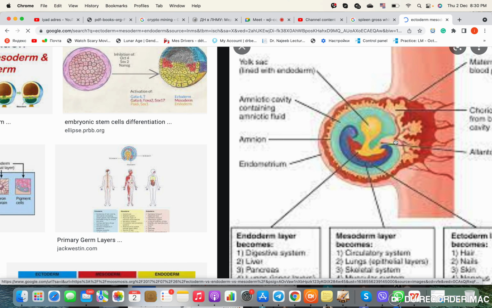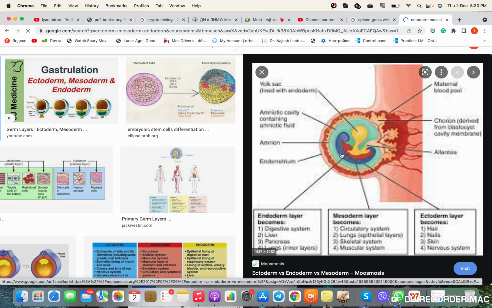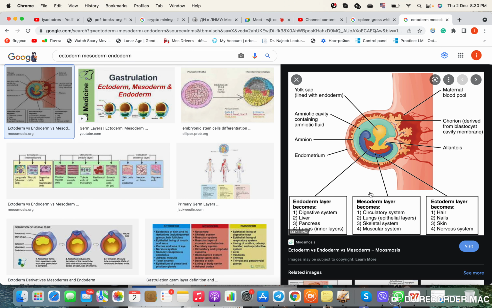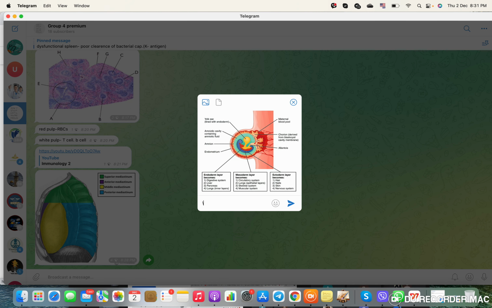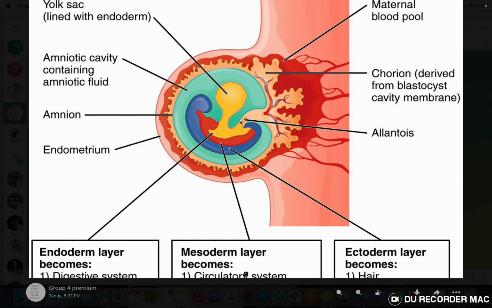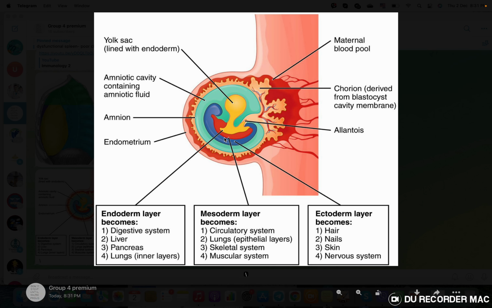Look at this area. Here you have your yolk sac and here you have your amniotic cavity. Between these two layers, you have an area composed of 3 layers, and each of them has a different origin. So this is just the zygote having bound to the uterus. Yolk sac, amniotic sac, and in between you have ectoderm, mesoderm, endoderm.